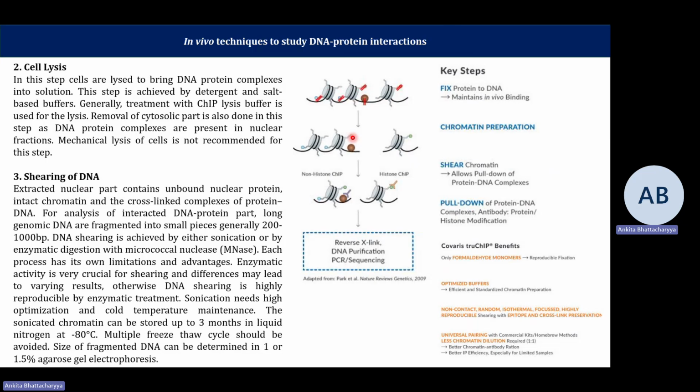Focused, highly reproducible shearing with epitope and cross-link preservation. It can be paired with most commercial kits and homebrew methods. Very little chromatin dilution is actually required, 1:1. Better chromatin antibody ratios and better IP efficiency, especially for very limited samples.